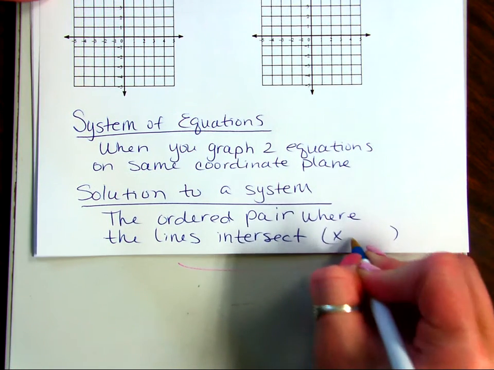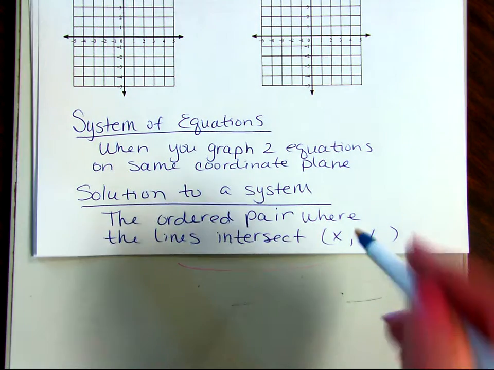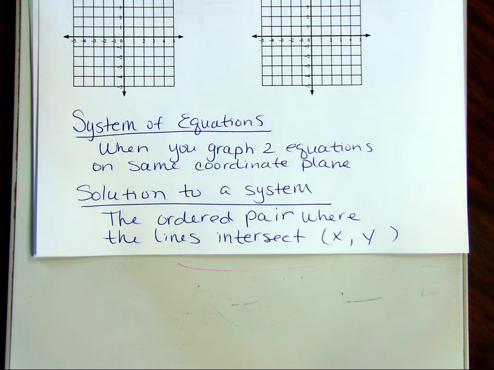And by ordered pair, I mean you have to have that x comma y. Every single one of your answers pretty much for this whole unit will be given as an ordered pair. Okay? Where do they meet? Because if we're solving a system, the only thing that solves the system is a point. Okay? So that's how we do that.